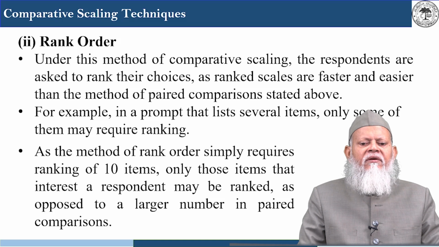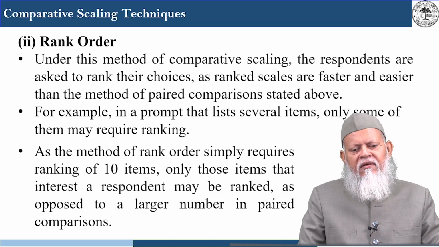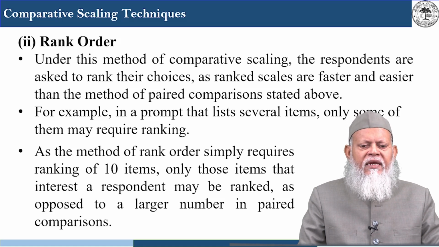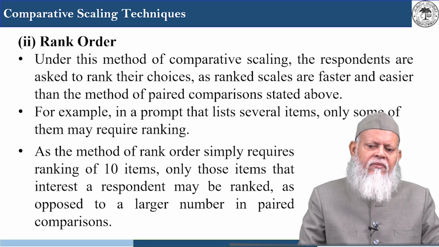So here we have given a choice to the respondents that whatever they feel, they rank. If they feel some of the stimuli are not, in their views, to be ranked, they have the freedom not to rank them.